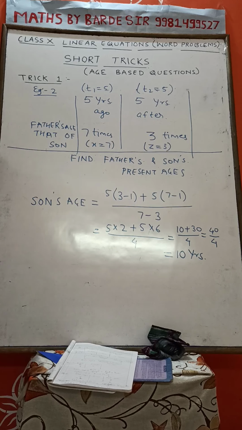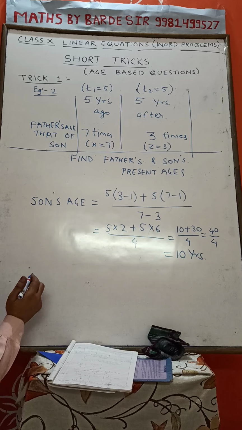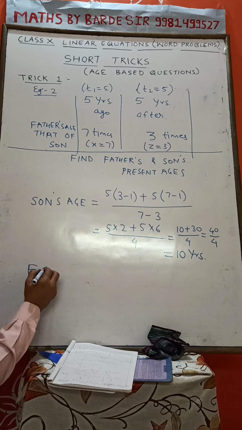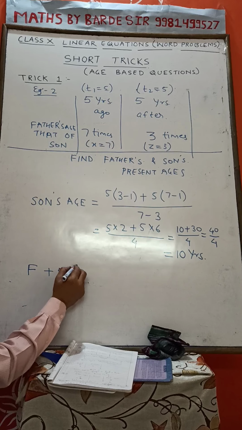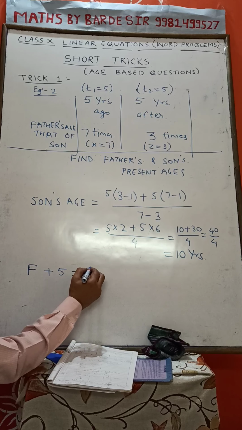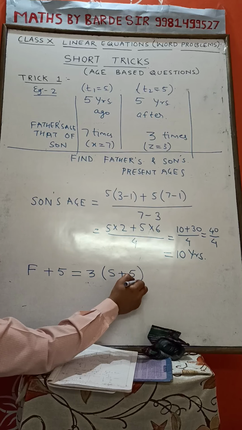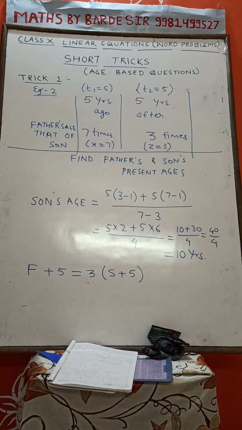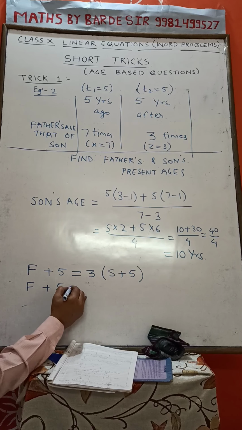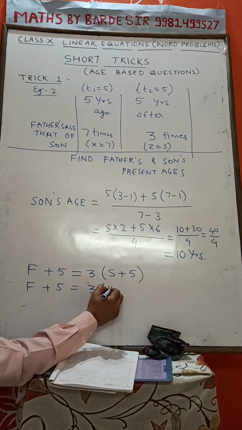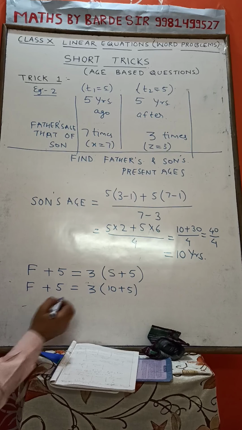Now let's find out father's age. According to the second relation, we have father's age after 5 years is 3 times son's age after 5 years. Father's age we need to find. This is father's present age, plus 5, 3 into 10 plus 5.